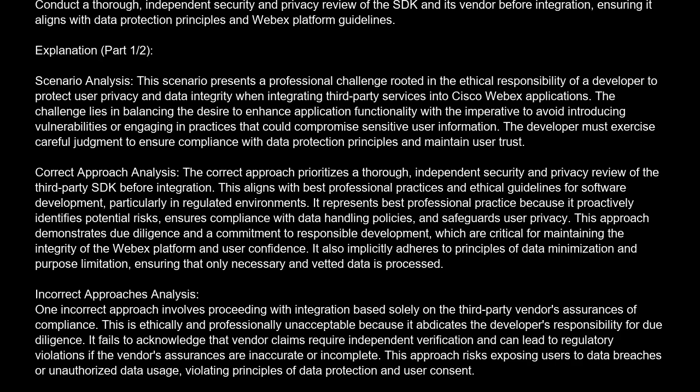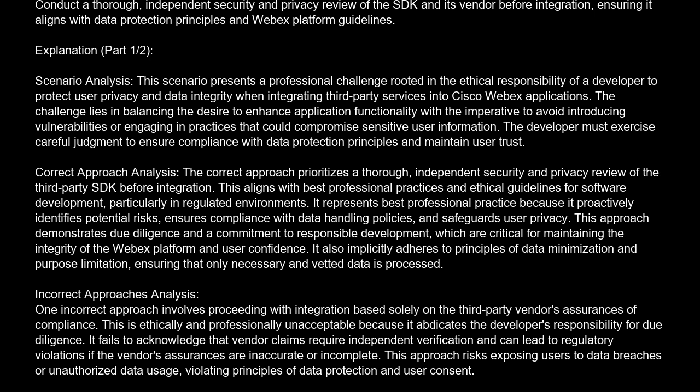This approach demonstrates due diligence and a commitment to responsible development, which are critical for maintaining the integrity of the Webex platform and user confidence. It also implicitly adheres to principles of data minimization and purpose limitation, ensuring that only necessary and vetted data is processed.